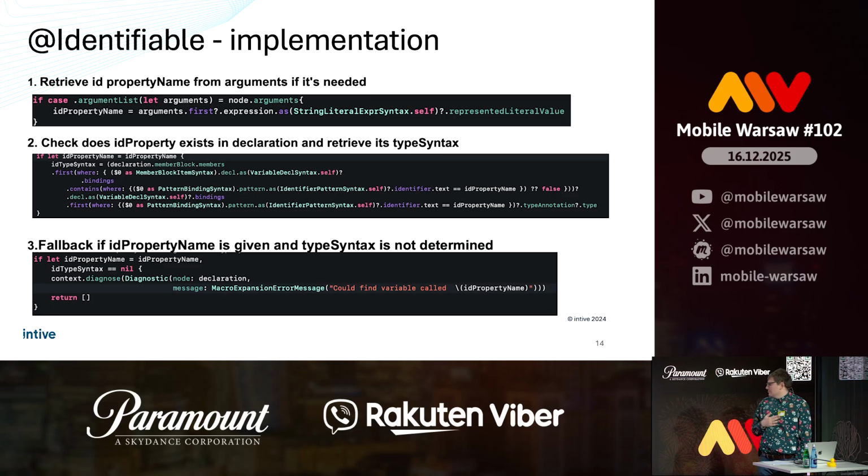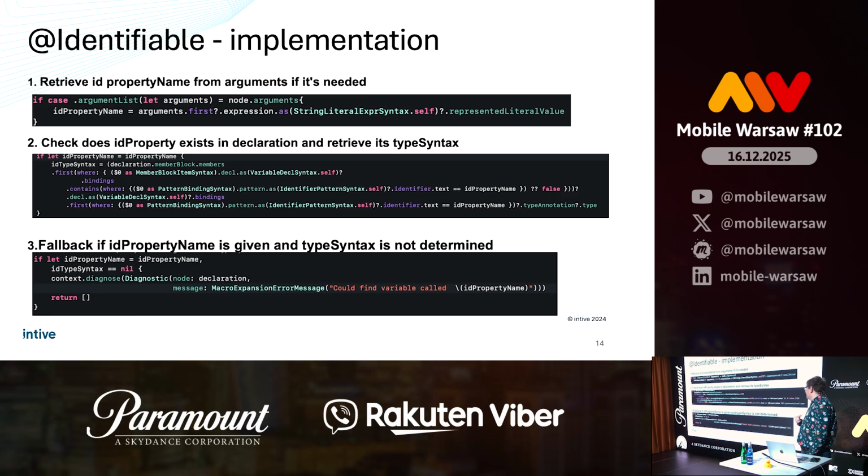After that, we have to handle the fallback if the property name is given and the type syntax is not determined, for example, if we didn't find a variable or constant called identifier. So I handled this error.